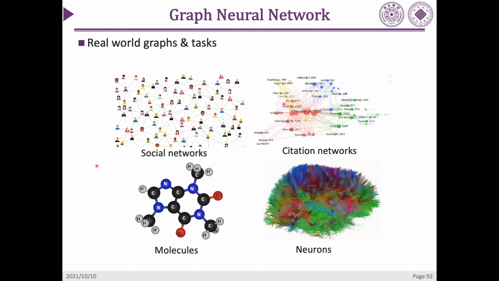A lot of real-world applications have graphs, such as social networks, citation networks, molecules, and neurons. Sometimes we need to handle tasks on these graphs. For example, node classification on citation networks and graph classification on molecules.